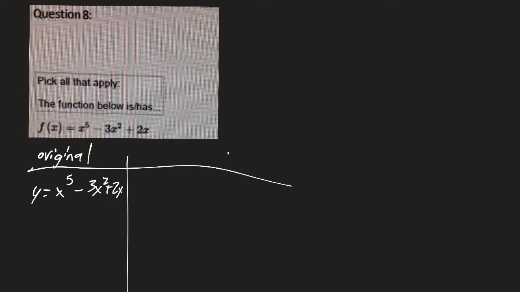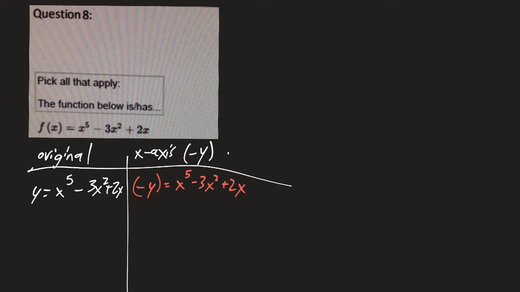Okay, so my first one is going to be x-axis symmetry, and for that I plug in negative y. Okay, so we're going to take this equation, and everywhere that I had a y, I'm just going to plug in a negative y. So here we go, negative y equals x to the fifth minus 3x squared plus 2x.